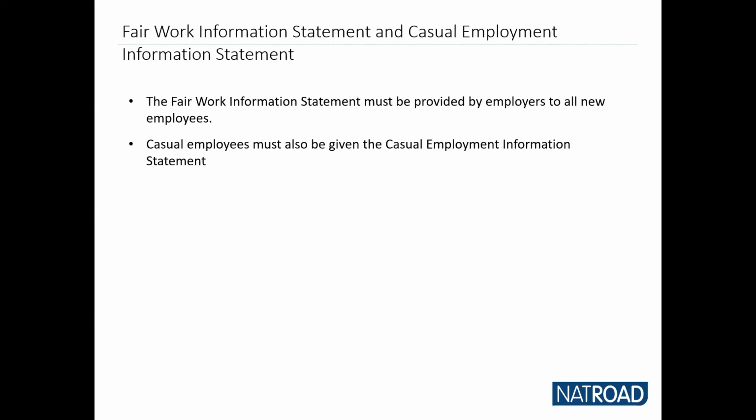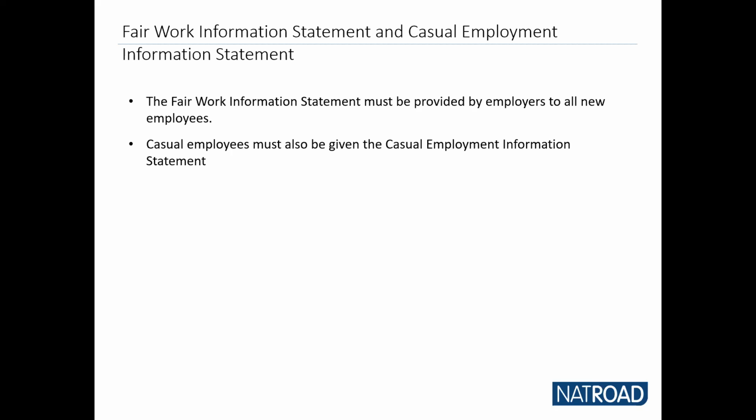And the final element of the NES is the Fair Work Information Statement and Casual Employment Information Statement. These statements are both available on the fairwork.gov.au website, and they're statements that must be provided to all employees, particularly the Fair Work Information Statement.